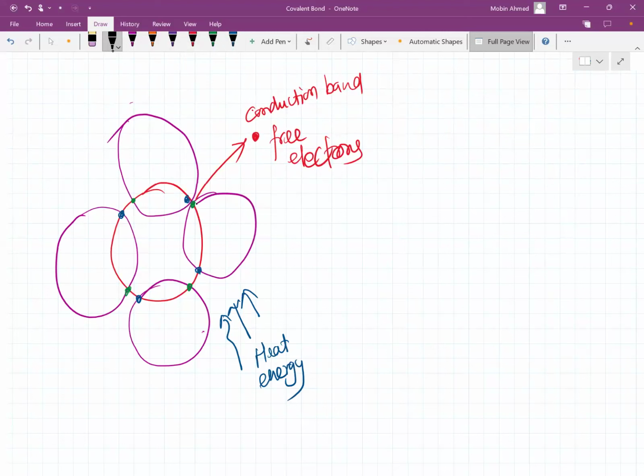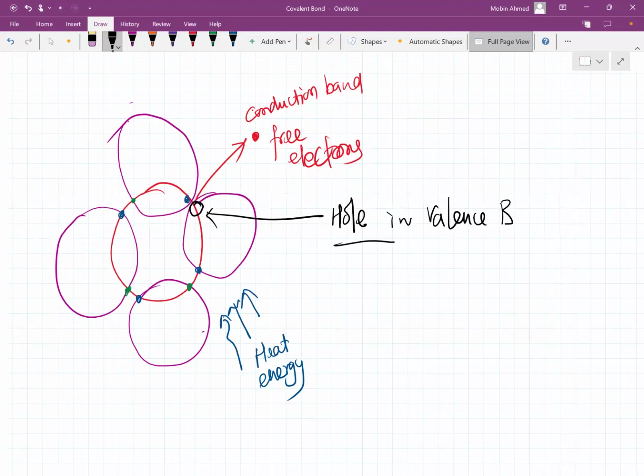From where it is ejected, it is going to make a hole. So this is known as a hole. Whenever an electron goes free from the valence band to the conduction band, a hole will be created in the valence band.